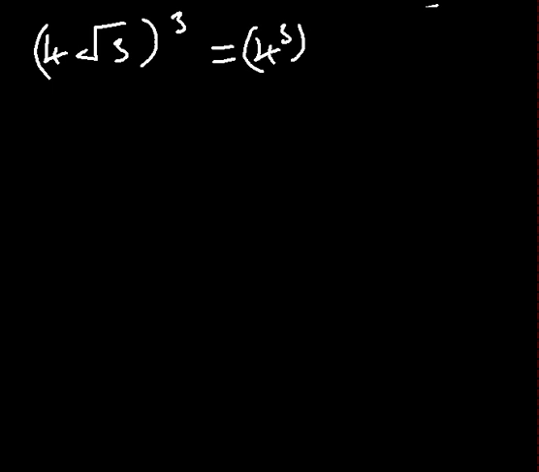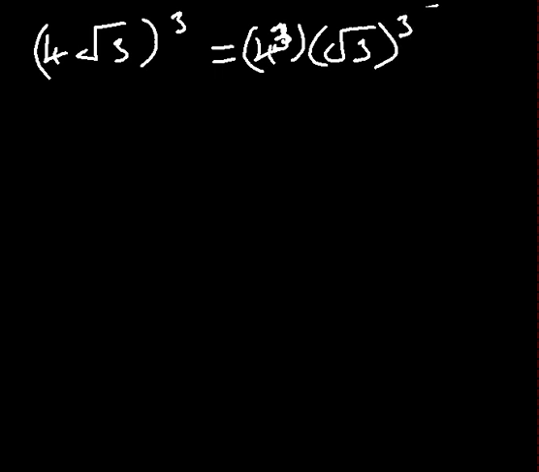And how about if we have, let's say, 4 times the square root of 3 to the power 3? This is the same as 4 to the power 3 times the square root of 3 to the power 3.